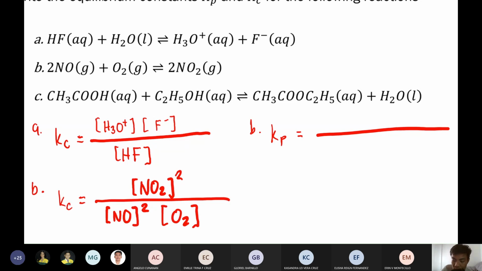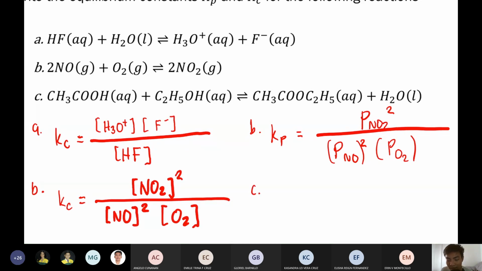So, that will be the pressure of NO2 squared all divided by the pressure of NO squared times the pressure of oxygen gas. 'Di ba madali lang, ganito lang talaga siya. Well, nothing more, nothing less, yan na yan.